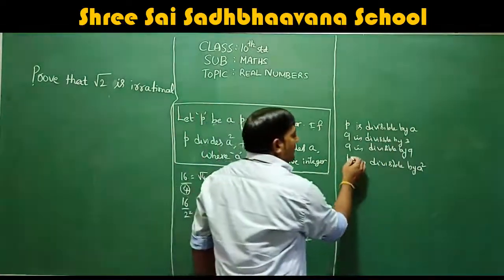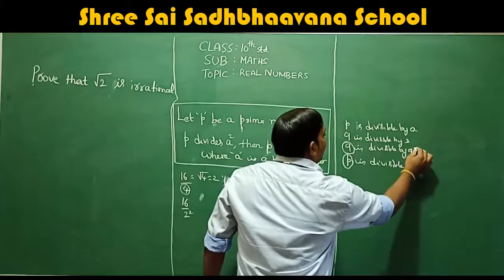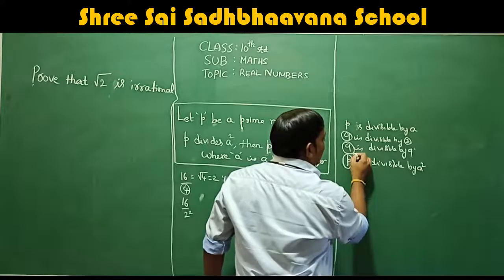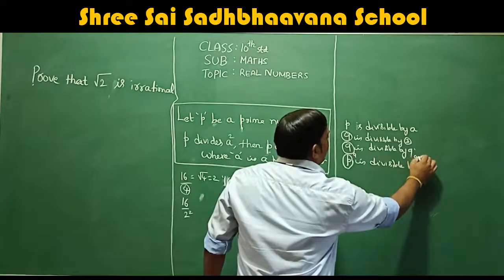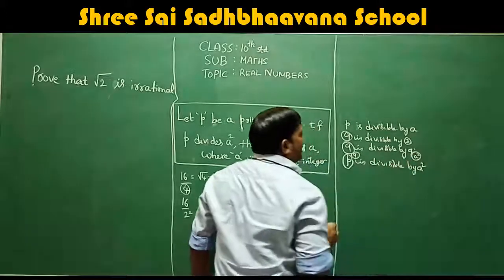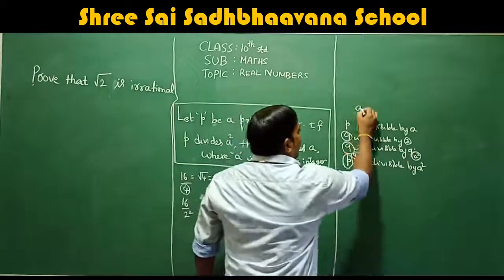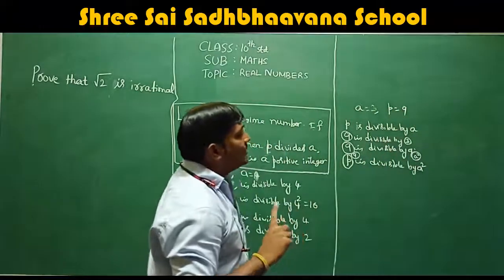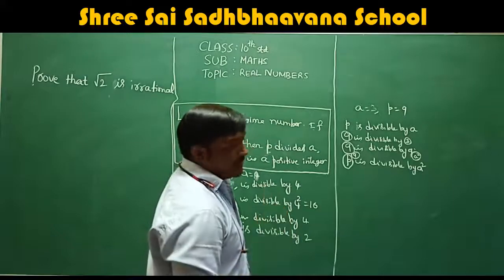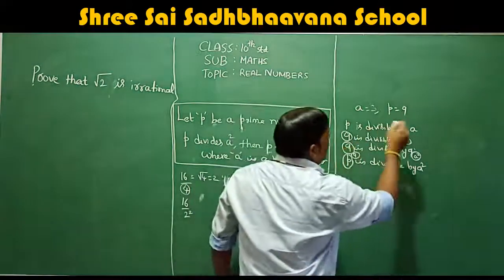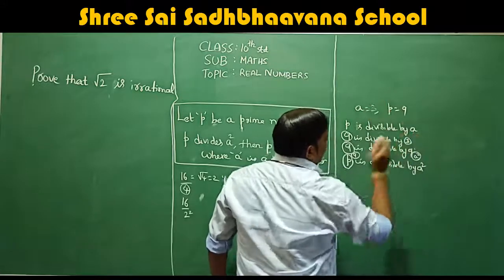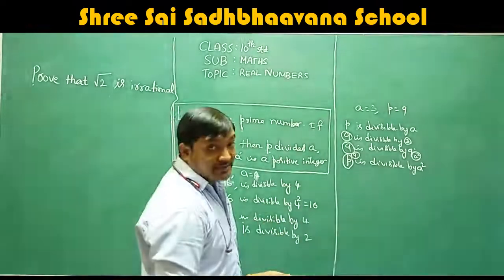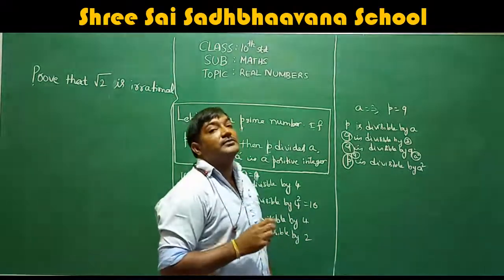Let me consider p as 9 and a as 3. So p is 9, and 9 is divisible by a square, since a I have taken as 3, that is 3 squared, 9. So if 9 is divisible by 9, then 9 is also divisible by 3, because 9 is a multiple of 3.